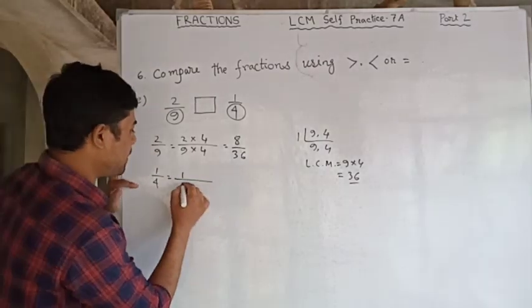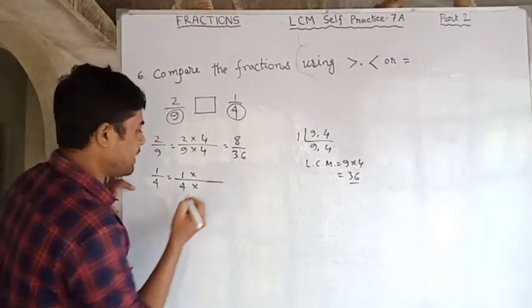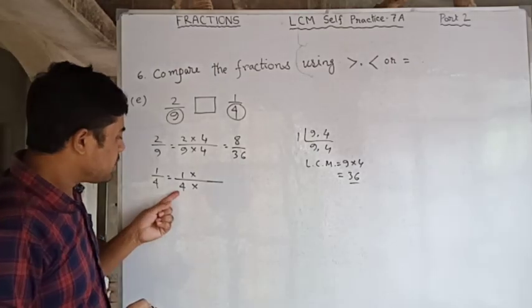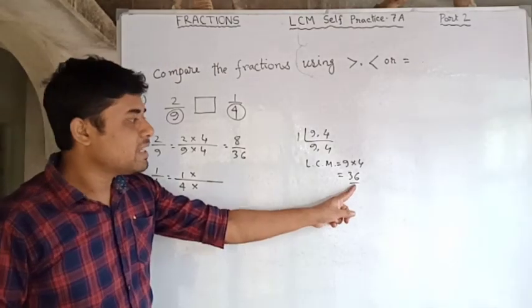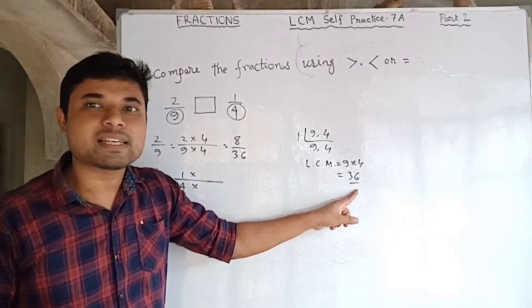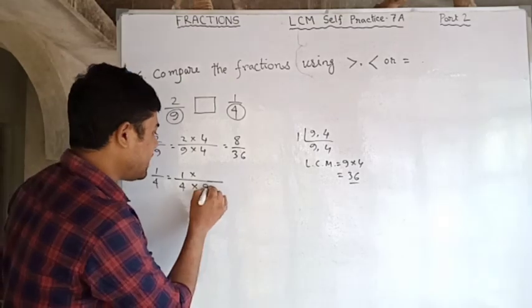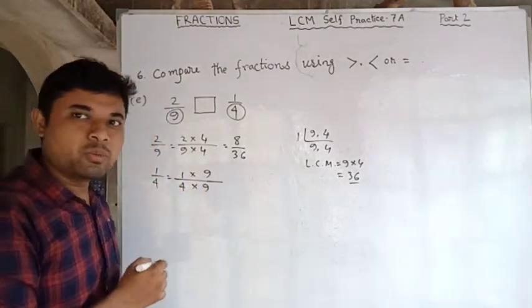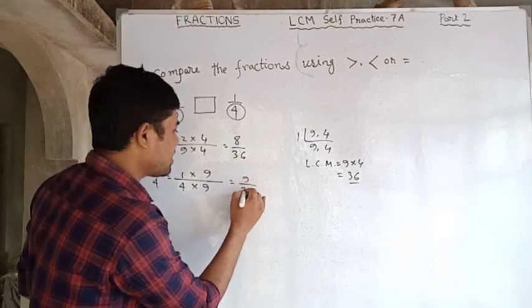And here, my dear student, first write the fraction 1 by 4. By which number do you multiply 4 and get 36? Obviously by 9. So multiply the denominator by 9 and the same number to the numerator. So it will be 9 by 36.